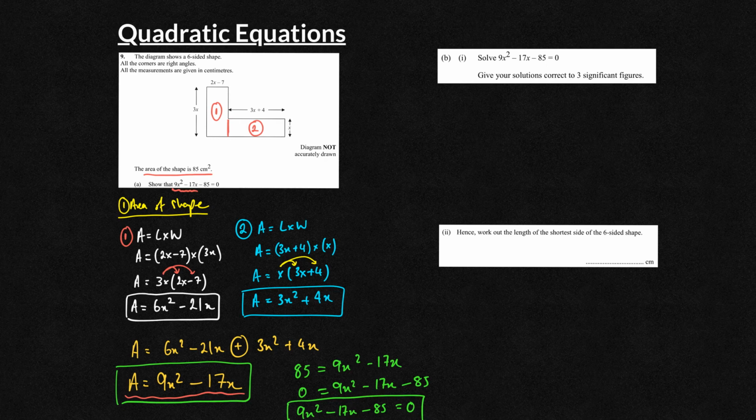Now you could test that out by timesing. We could complete the square, but the easiest one to select, especially if it's a calculator paper, and even if it's not, the numbers could be made easy enough to do, is the quadratic formula. So if we remember that we have ax squared plus bx plus c, and let me just clarify, there is no right or wrong way in what you do, just certain techniques will be a lot quicker than others.